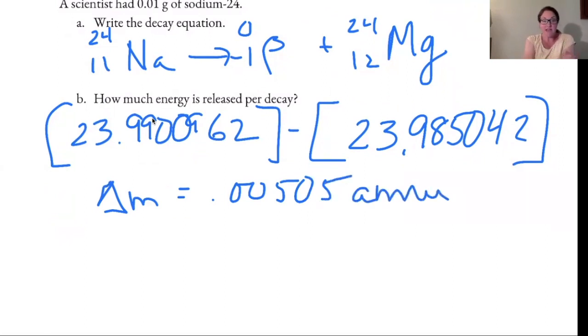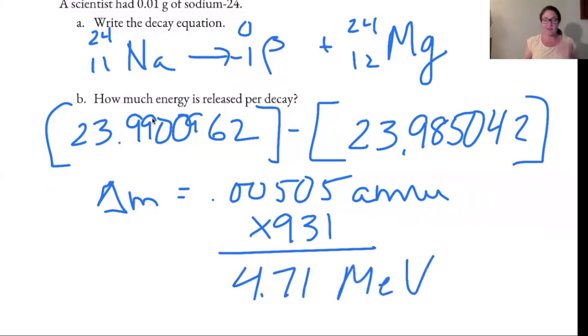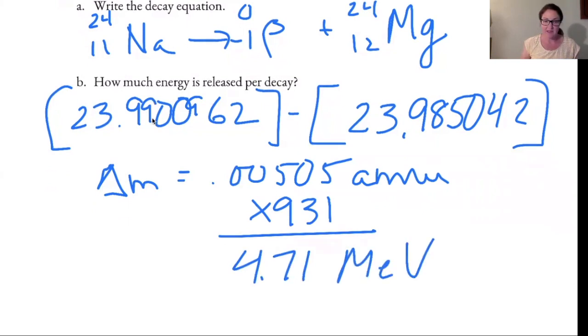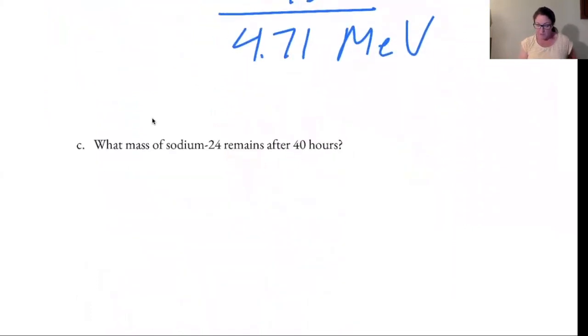Now to convert it to energy, I need to multiply by 931, and this will give me the energy per decay in MeV. So 4.71 MeV. Next, we want to know what mass of sodium remains after 40 hours.